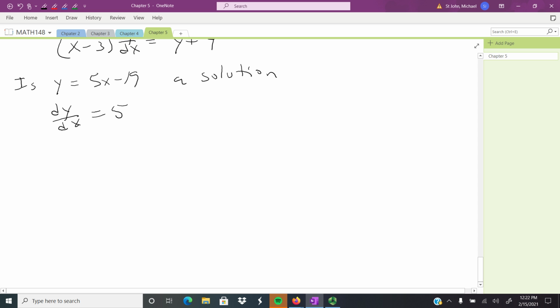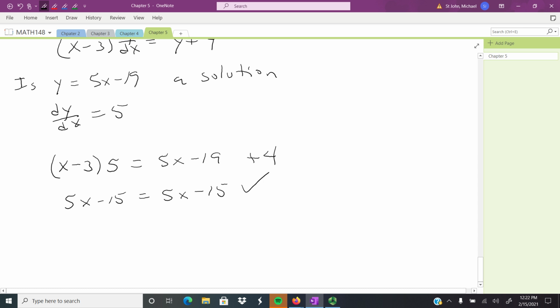So this would be (x minus 3) times 5 equals 5x minus 19 plus 4. So this is 5x minus 15. Does that equal 5x minus 15? And of course here the answer is yes.